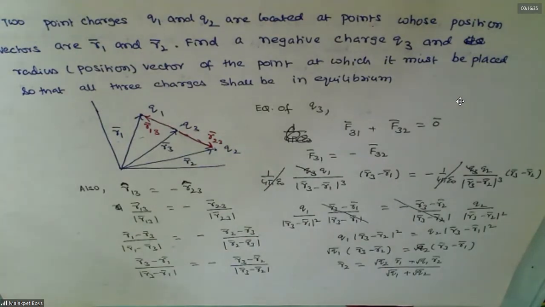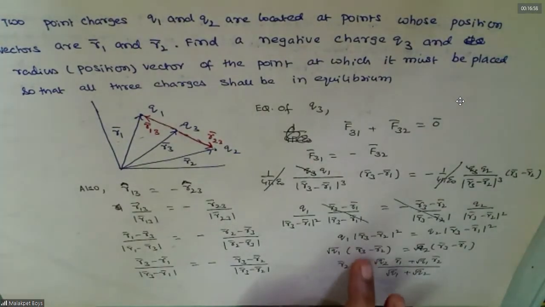Sir, I got R2 bar equal to root over Q1 minus root over Q2 R3 bar by root over Q2.